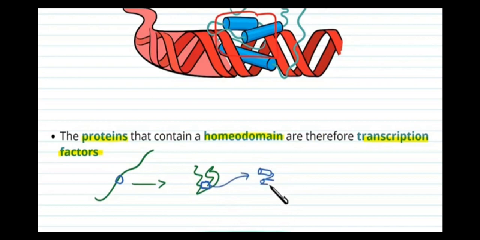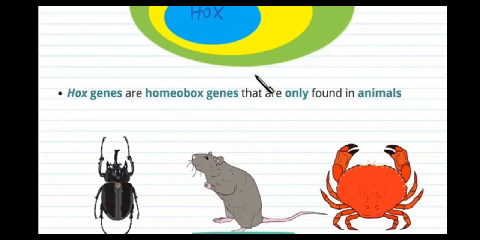The protein synthesized by the Homeobox gene contains a homeodomain, and therefore it acts as a transcription factor, helping the activation of a certain region in DNA or repressing a certain region in DNA.